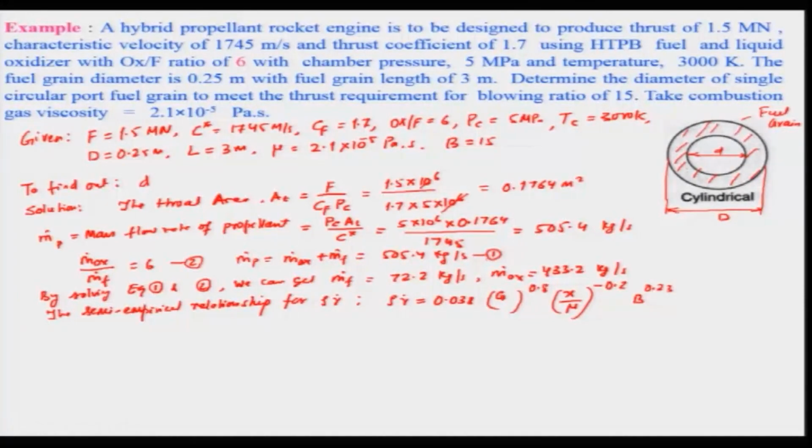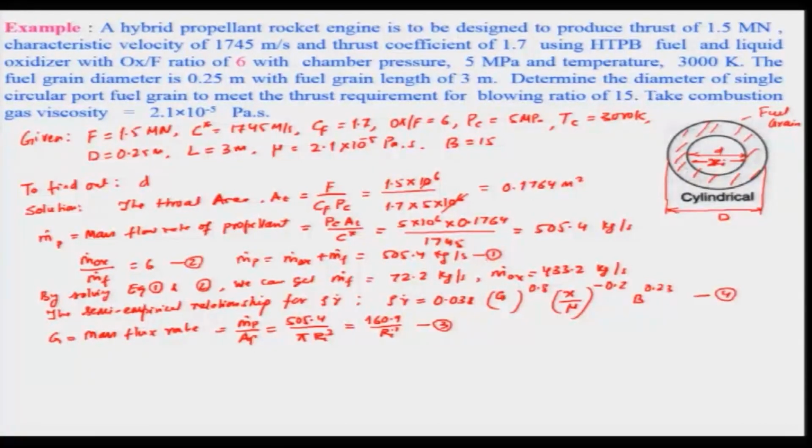So, for that we need to find out G. G is nothing but your mass flux rate, is nothing but m dot p by A p, that is 505.4 divided by A p, this is pi r I square, where r I is the inner radius. So, therefore, you can get this is 160.9 by r I square, this is your equation 3 and this is your equation 4.